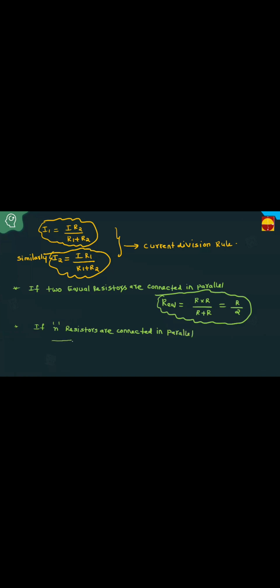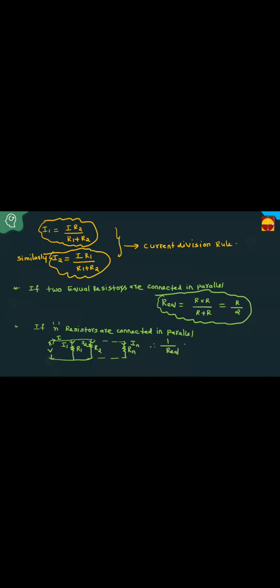First draw this: this is the R1 resistor, this is the R2 resistor, and so on, up to the Rn resistor. Let the current through R1 be I1, through R2 be I2, and through Rn be In. Let the total current be I and this voltage be V. Like this, n resistors are connected in parallel.